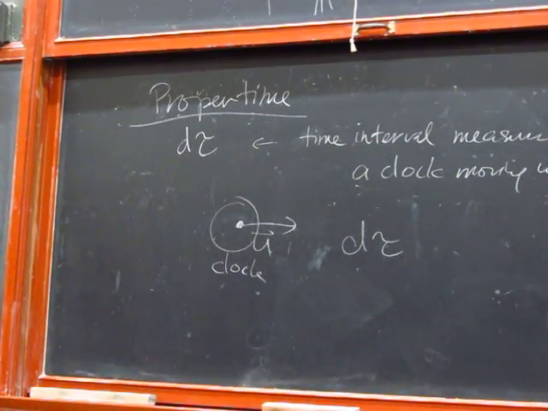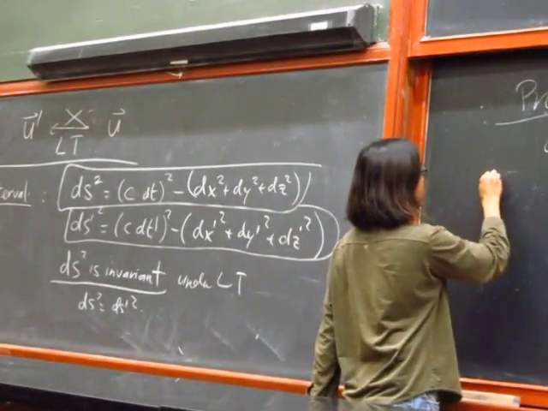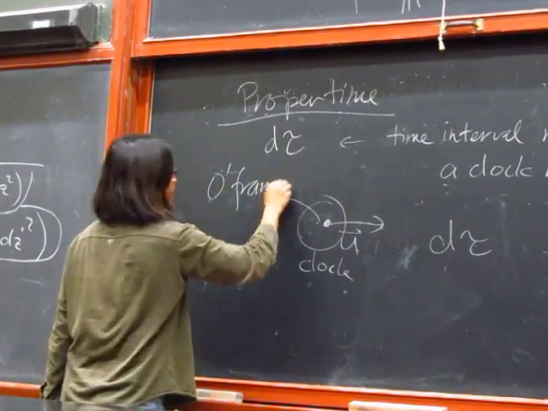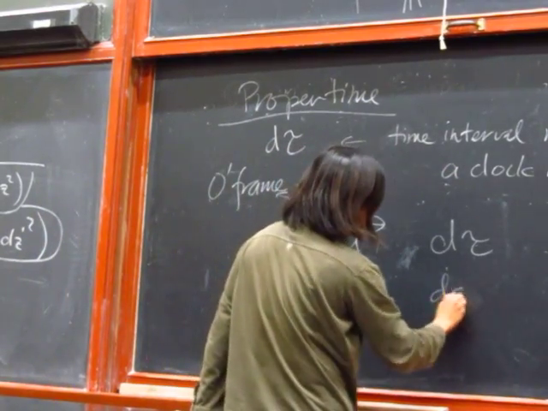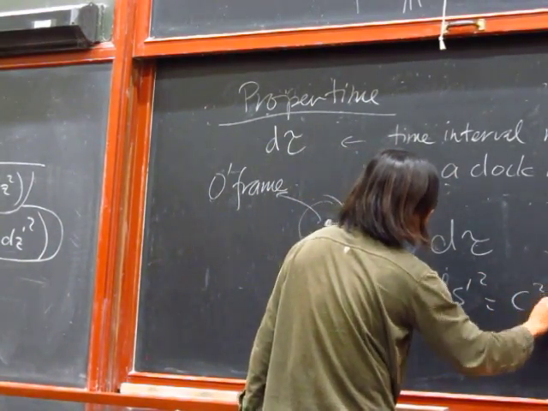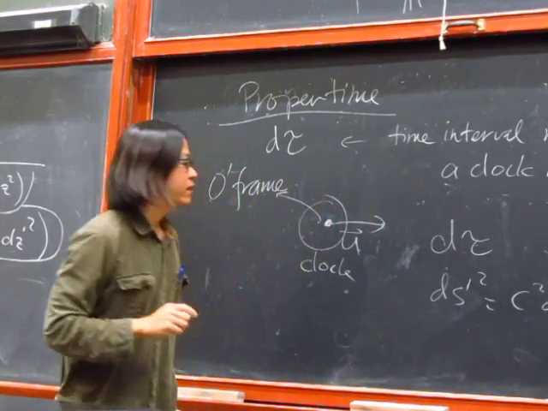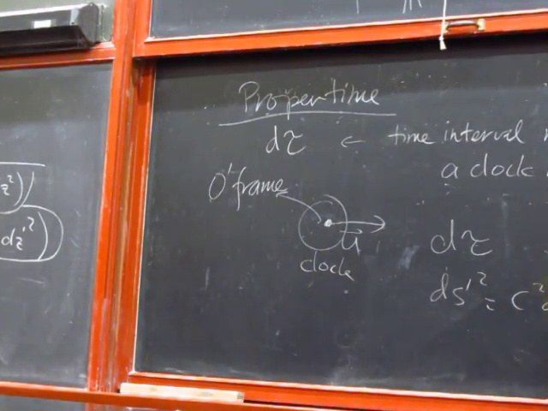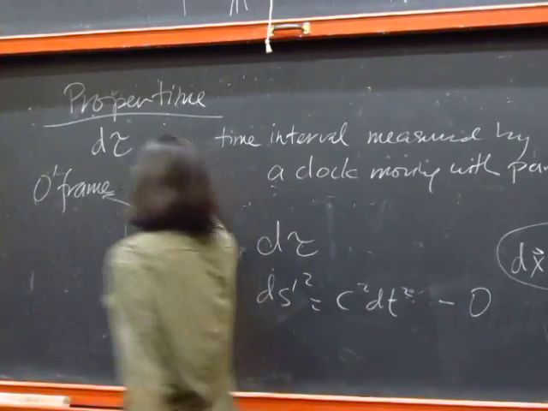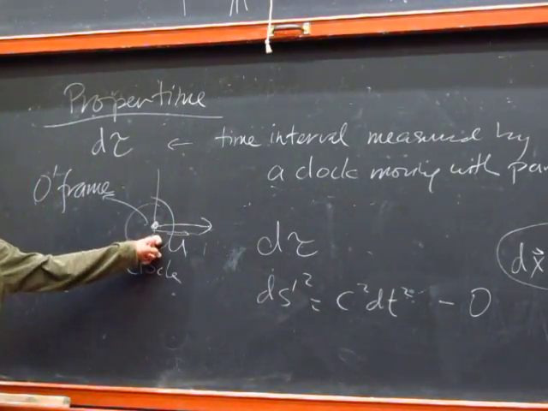Then if I look at this interval, or in this case the second one, because it's the prime frame, then ds prime squared is just c squared dt prime squared minus 0, because dx prime squared is 0, because the clock is moving with the coordinate system, right?